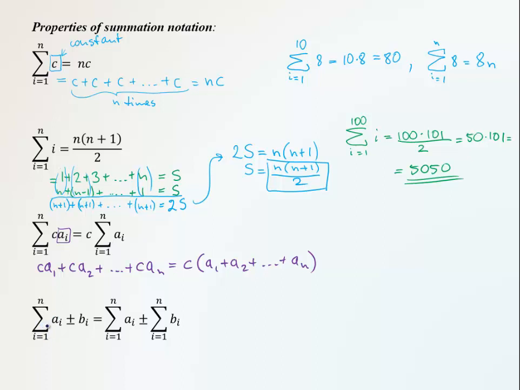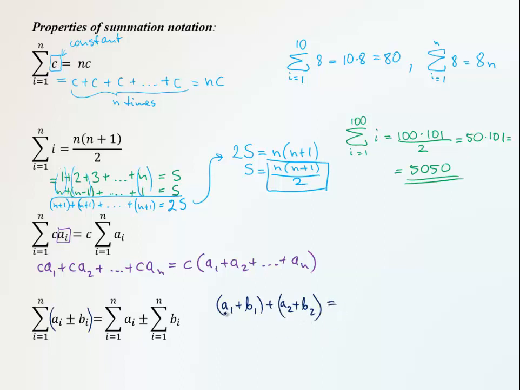And finally, if we have a summation of either sum or difference of two terms, like two sequences for example, then we can split this summation over the addition or subtraction, so rewrite it that way. Well, for example, if n is, for example, 2, then we'll have a1 plus b1, that's the first term from the left-hand side, and let's say we have another term, a2 plus b2.